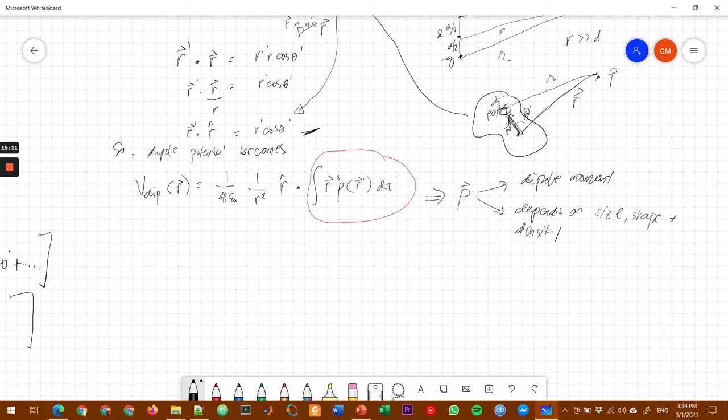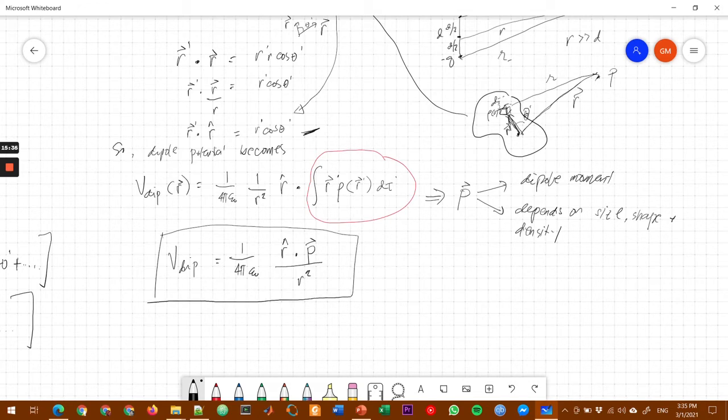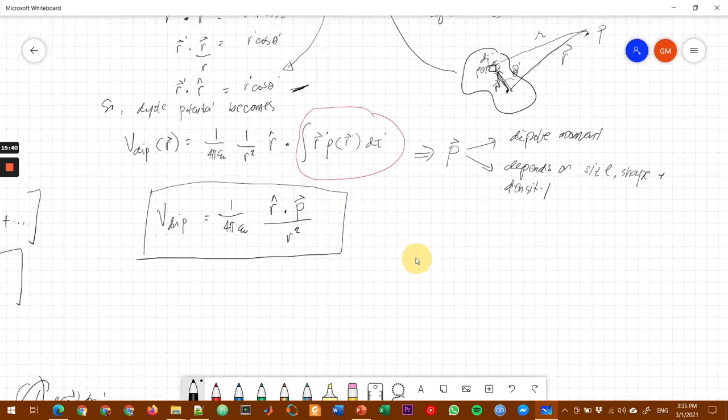So simplifying this one, for the dipole we have 1 over 4 pi epsilon naught, r hat dot with your dipole moment over r squared. Okay, so this is your formula, the simplified version of your potential, the dipole potential.